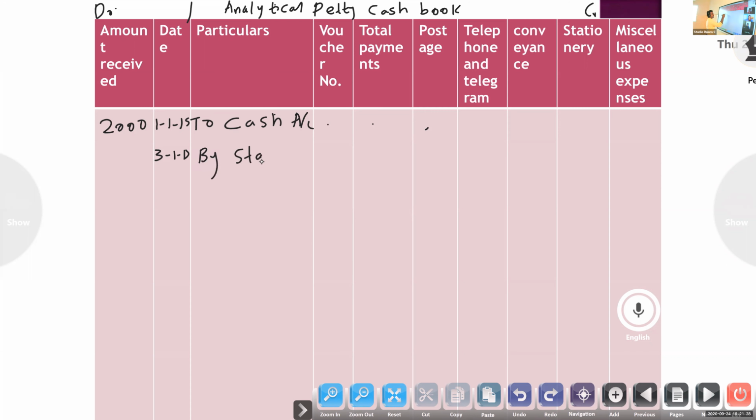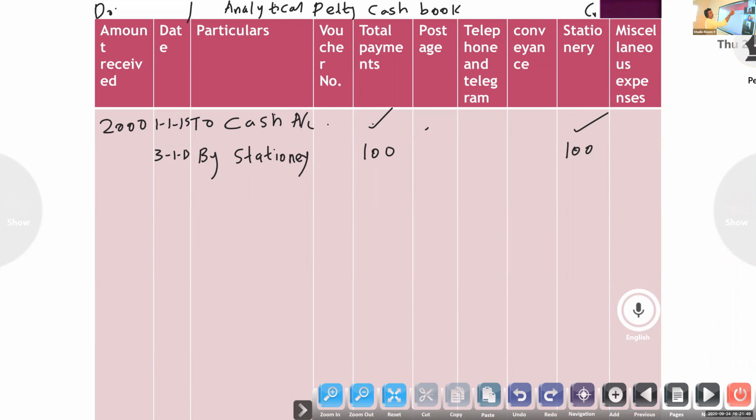So suppose by stationery 100. So total payment 100. Next, stationery 100. Like that. This means the payment will come in total payment also, and in the respective head also. Clear?